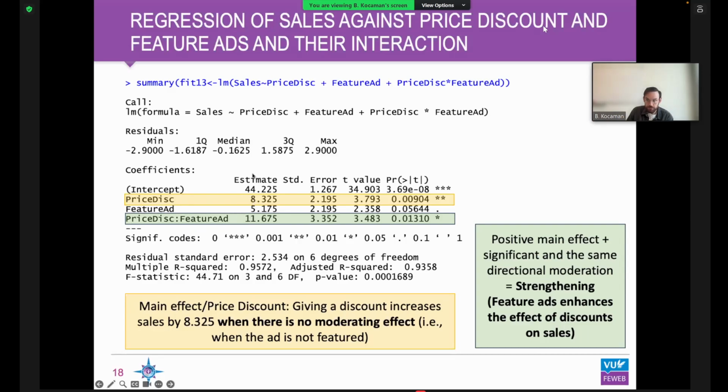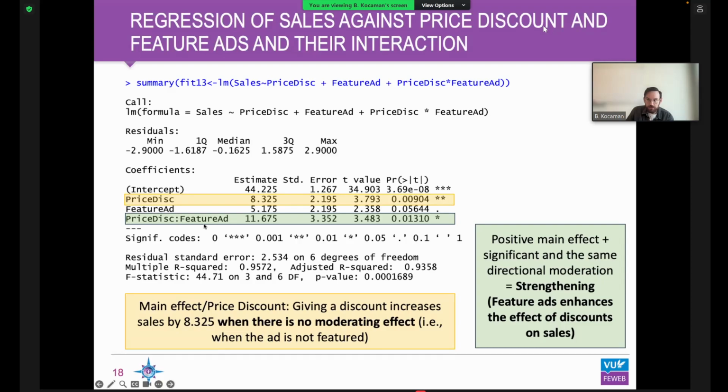So you need to sum up all of these to understand the mean sales basically, but that's prediction, right? So if you actually want to understand the moderating effect of feature ad on price discount, it is only this 11,000 because this is the main effect of feature ads. So this happens even if you don't have a discount.